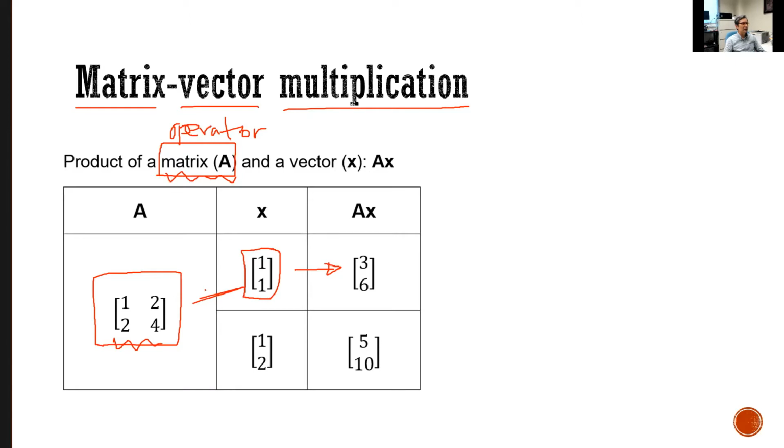If you think again, the product of this is a new data point. The original x, the position, is 1, 1. That's the x in this case here. And after multiplication, you have a new position for this transformed data point.